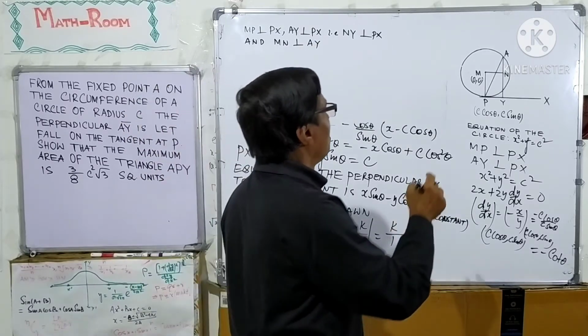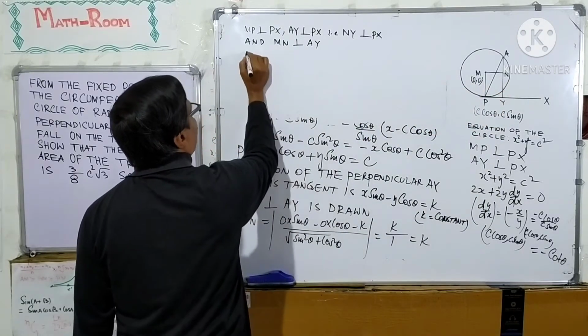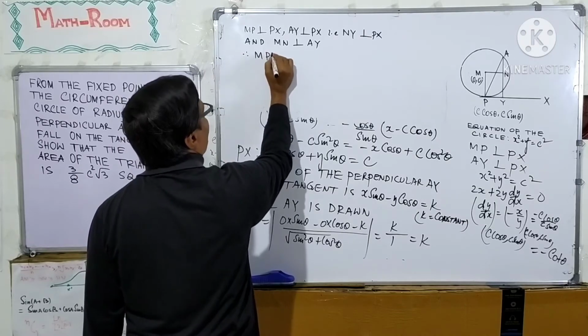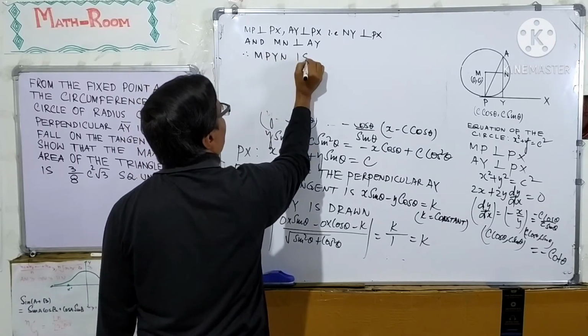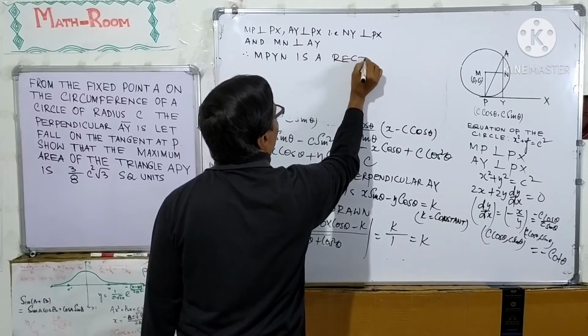So, this quadrilateral, that is MPYN, is a rectangle.